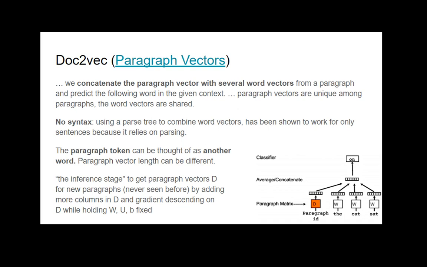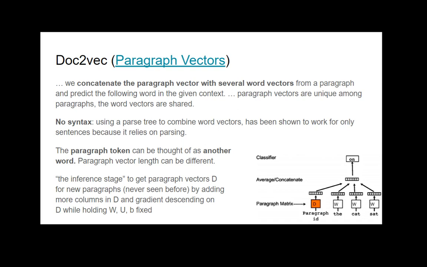The problem with this model, I think it's not that big, but still, the inference stage. So, okay, the purpose is to give embeddings to paragraphs, but what if we face the previously unseen paragraph? What we can do? And they said what?